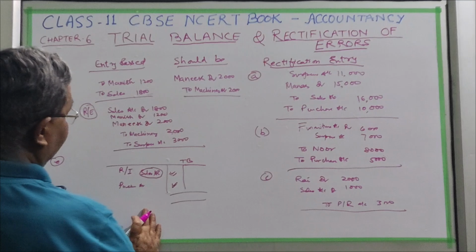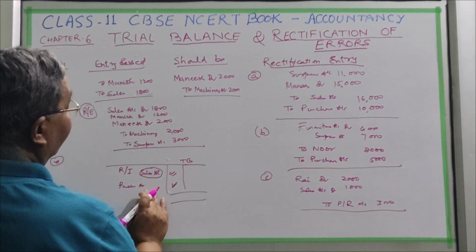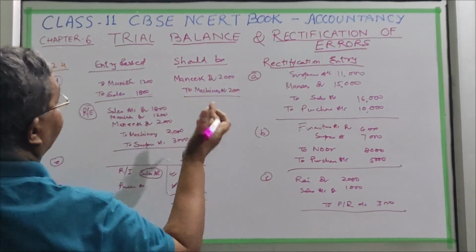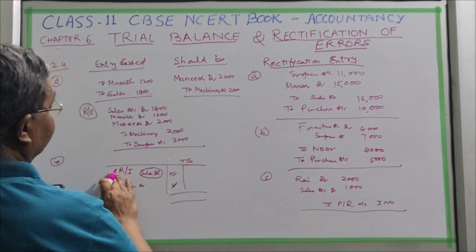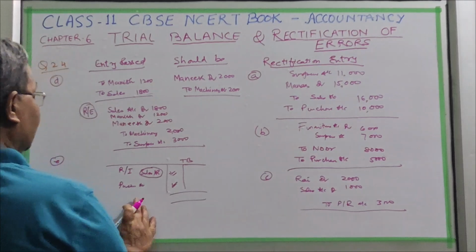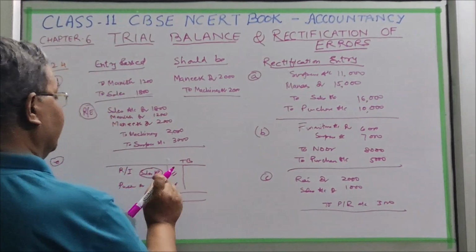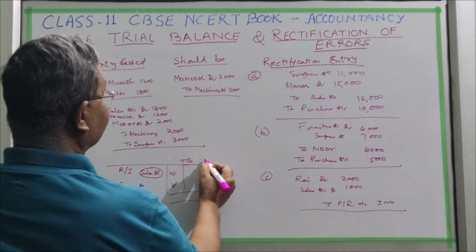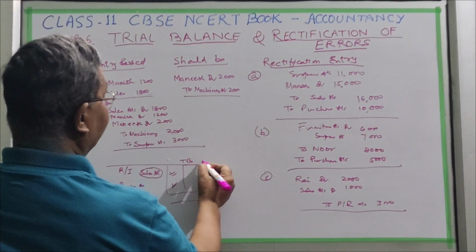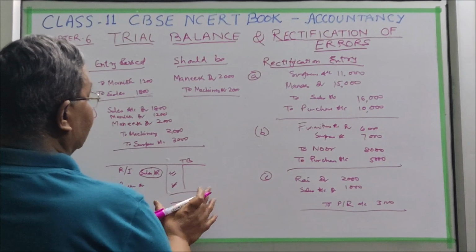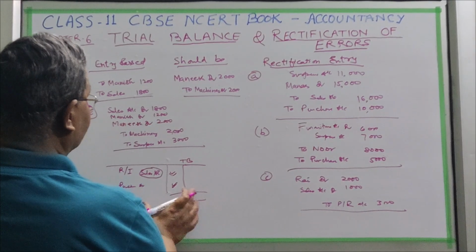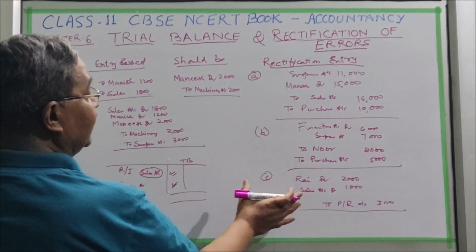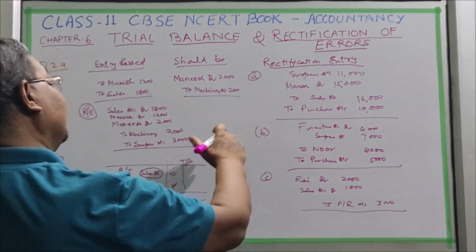So for this no entry was passed. No entry should be passed also, because from this automatically entry goes. But when making the trial balance, it is not an account. Trial balance is a statement, not an account. So no journal entry will be there. Journal entries are required for posting to some account.